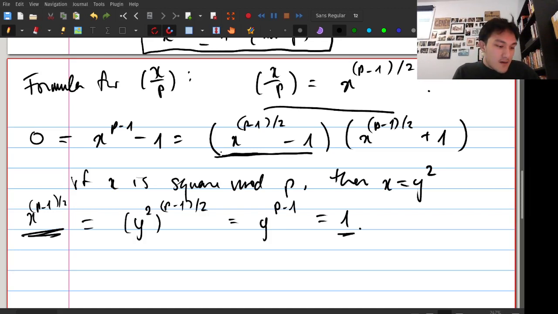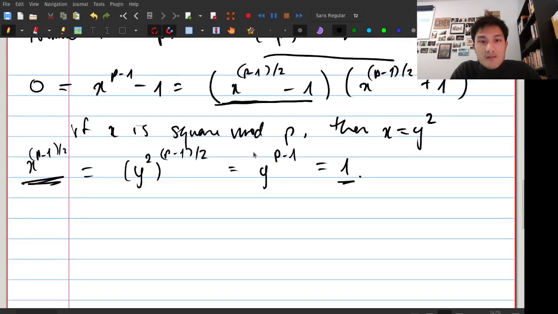And okay, so how many squares mod p are there? This is a polynomial of degree (p-1)/2, so we can have at most (p-1)/2 solutions. And we want to show that those solutions are exactly the squares mod p. Well, we want to know how many squares there are mod p.